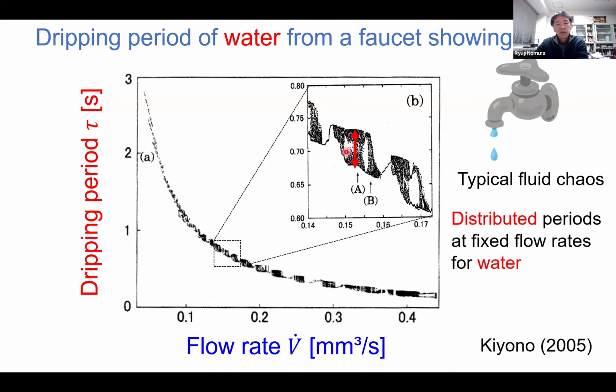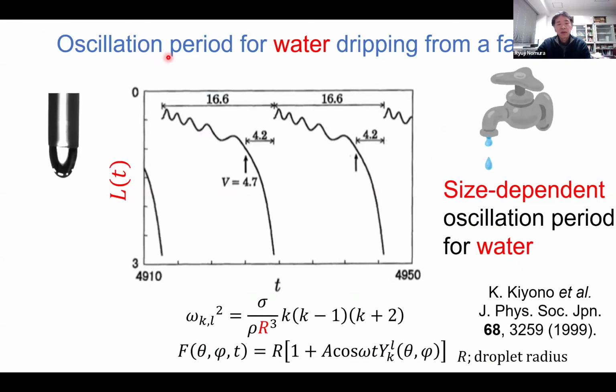So this is chaos, and it's widely distributed. The reason for this wide distribution is believed to be the oscillation of the pendant droplet of water. Okay, this is a dripping of water. Just after the dripping, the oscillation period is short. It oscillates in a short period, and as the volume increases, the oscillation period becomes long.